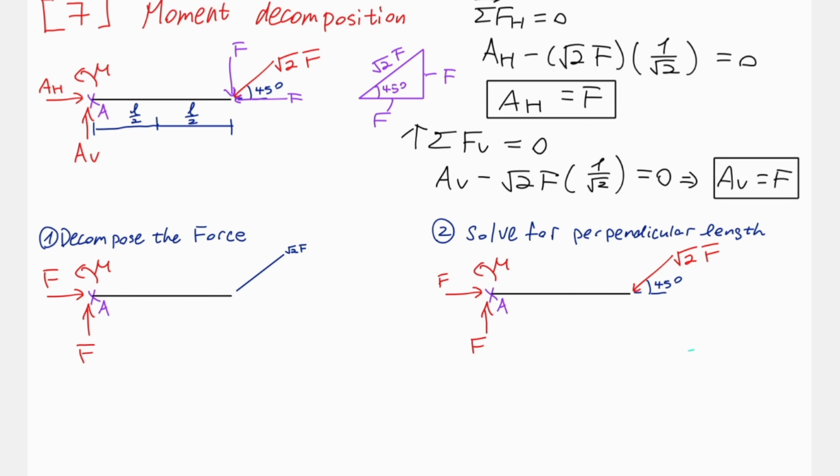Now to decompose the moment, what I have to do is once again take a moment at A, but I have two choices of what to do with the square root of 2 F. My first choice is to decompose the forces.